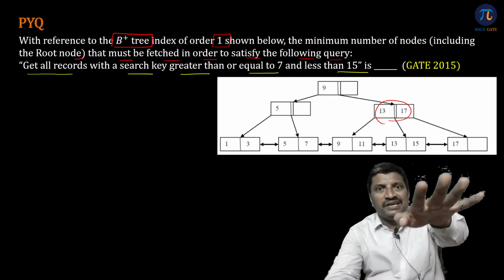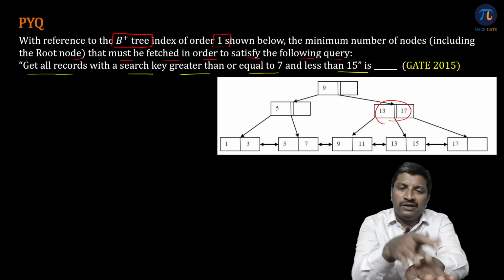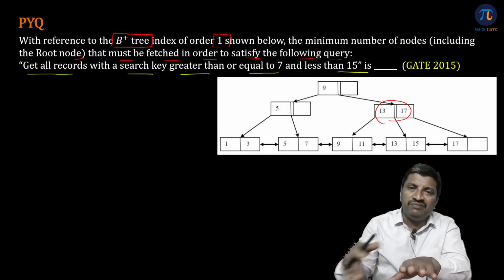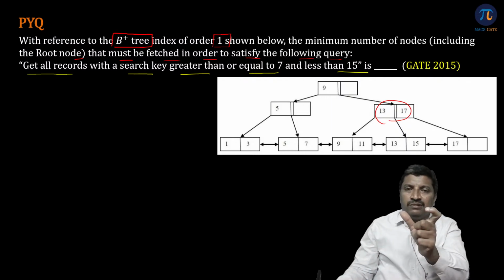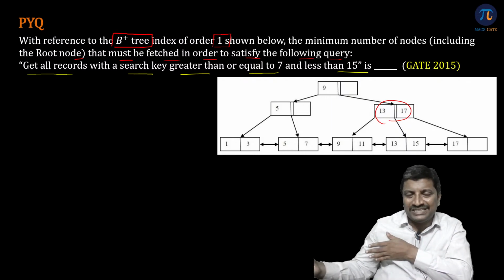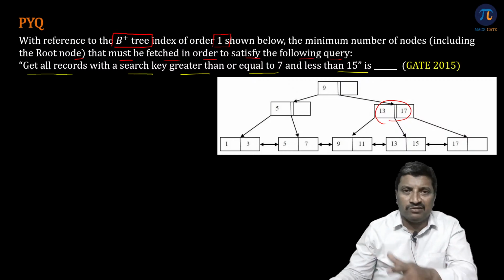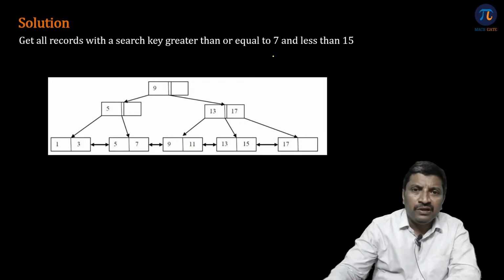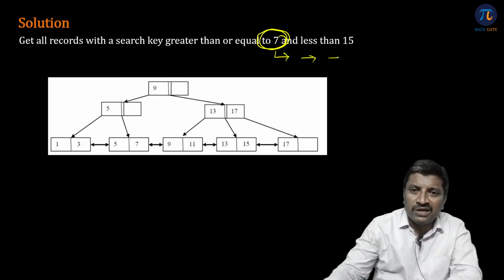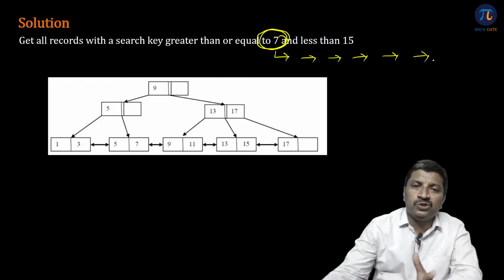Now, if I get a record from 7, then directly I move to siblings because the leaf nodes are connected. So whenever I am able to get a record with 7, I can get the next records from there onwards. So the only thing is, first I need to get the record of 7. From there, I can go through the leaf nodes because they are connected. No need to search again.